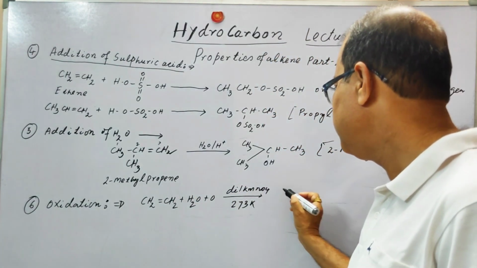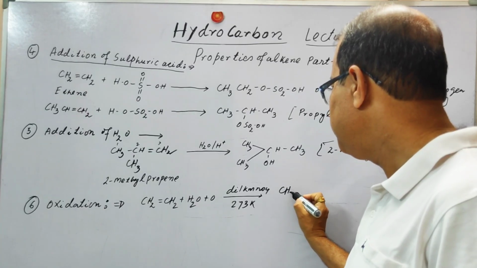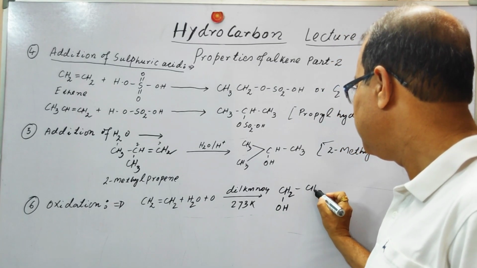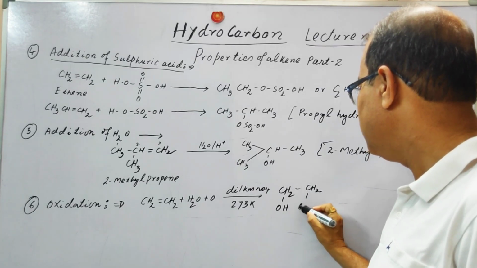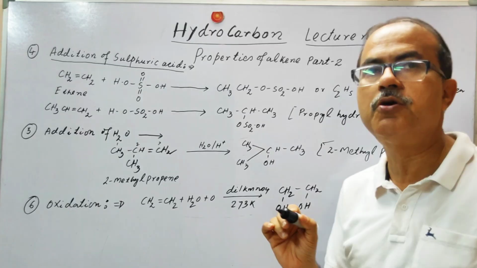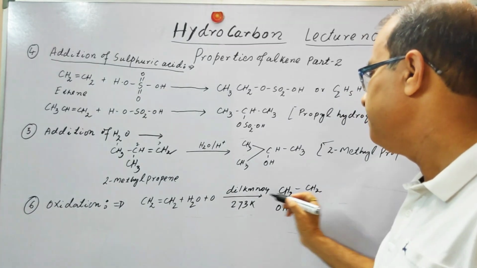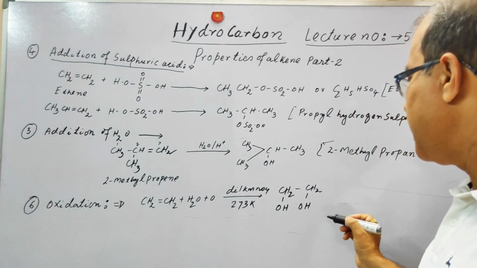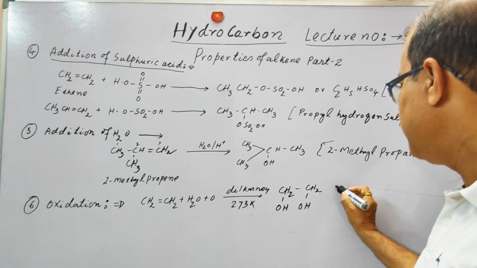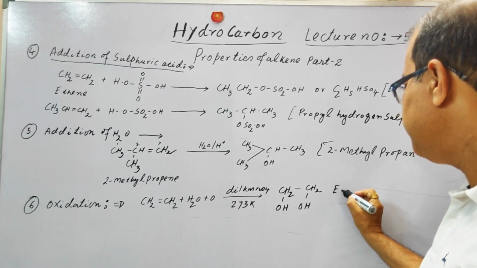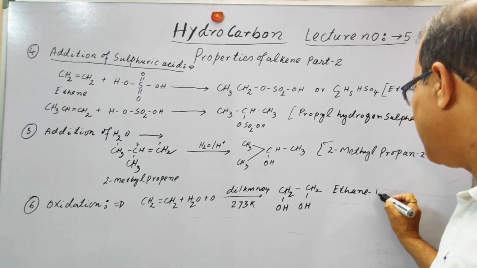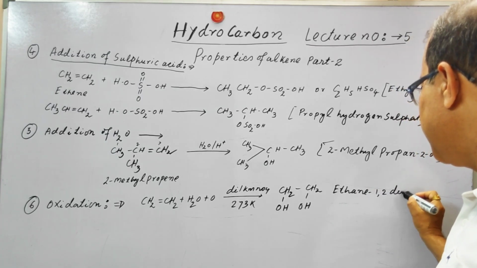This reaction is carried out and it produces the vicinal glycol. Here you can see two OH groups incorporated in the structure on the two carbon atoms, and the product name is ethane-1,2-diol.